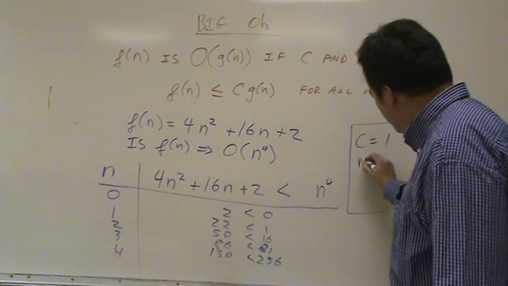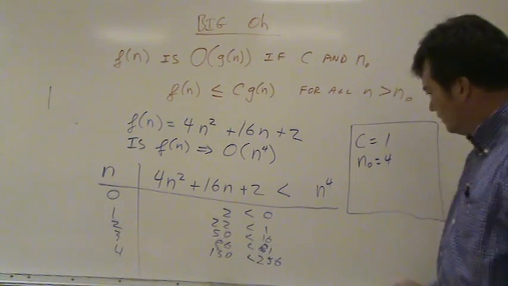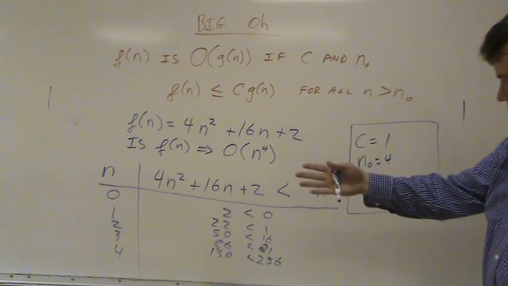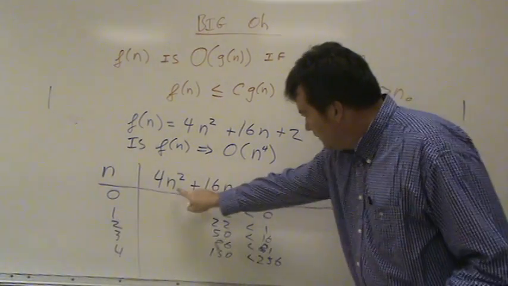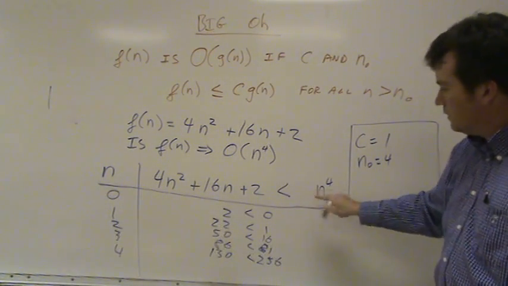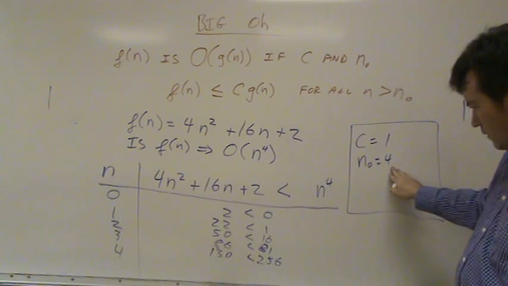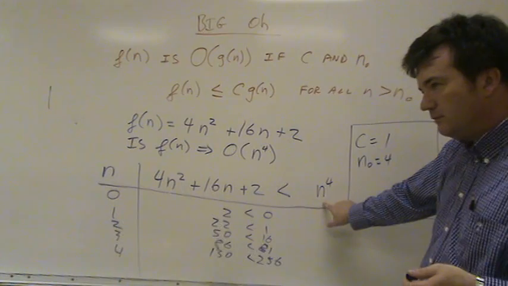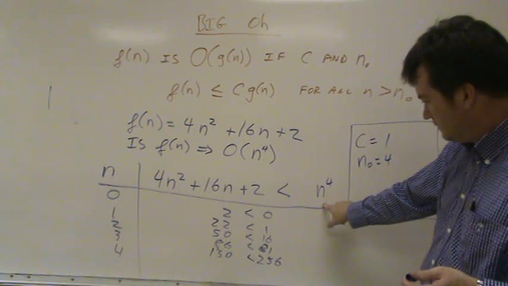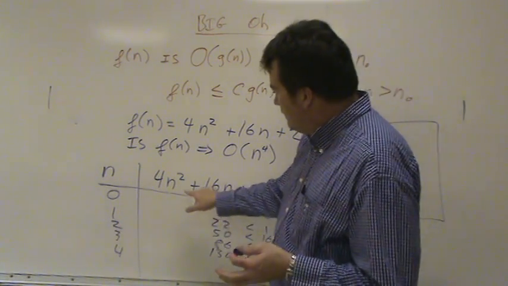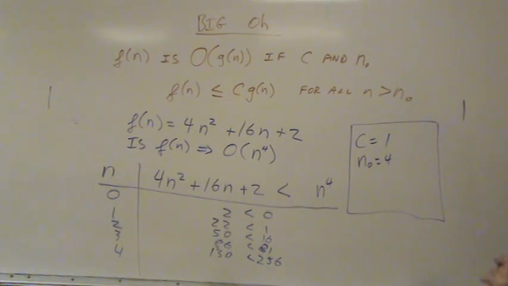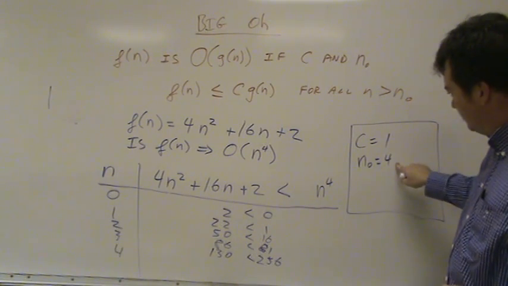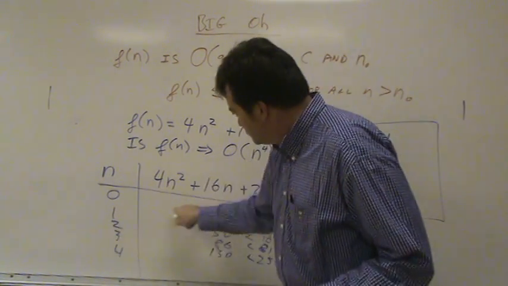What we're saying is that for a particular value of n equals 4, when n equals 4 or a greater number, this function is less than n to the 4th, and it becomes true. So it's for n equals 4 and all numbers greater than that. Let me double check this. 4 times 4, 16 times 16 is 256. Yes, okay. So for n is 4 or greater, and the constant, we could let the constant equal 1, this statement becomes true.